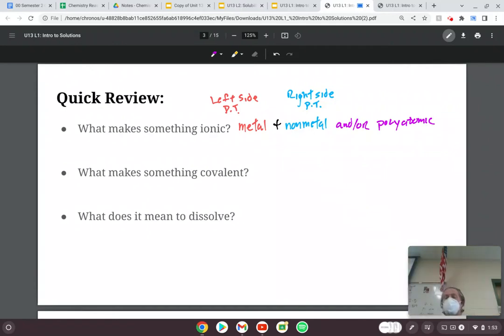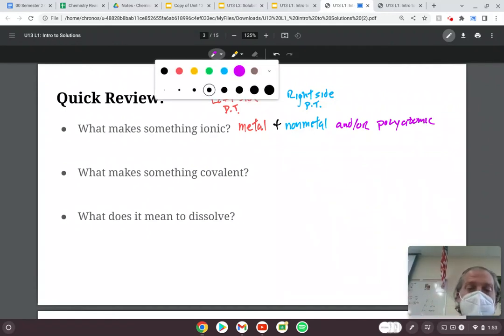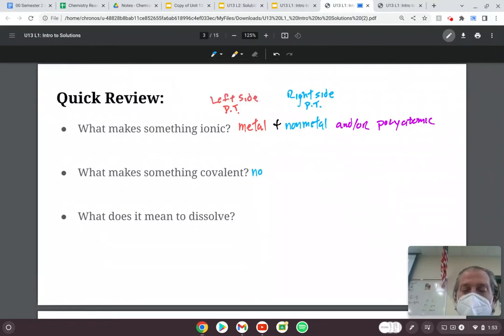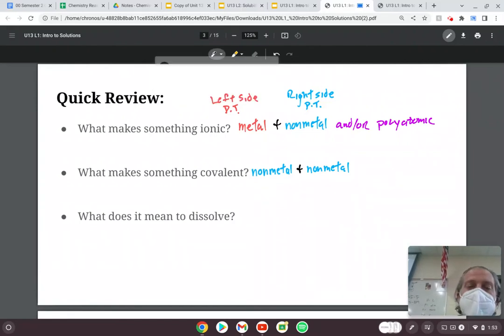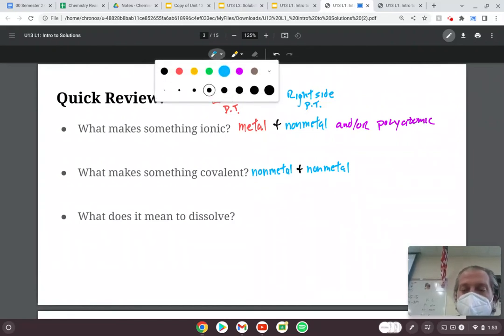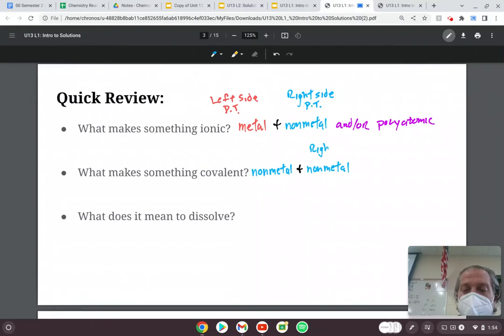So you should be aware of that. With a covalent compound, you're dealing with nonmetals. So it's a nonmetal and a nonmetal. And remember, your nonmetals are located on the right side of the periodic table.